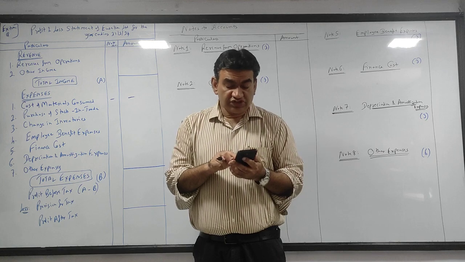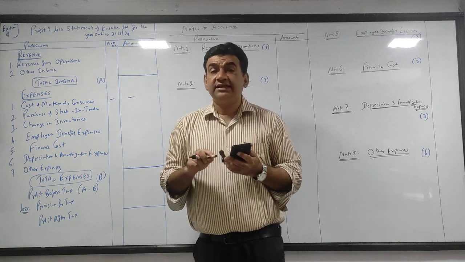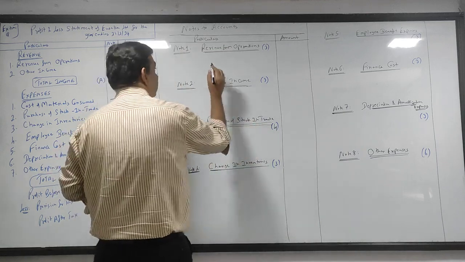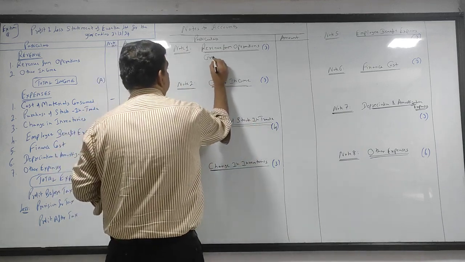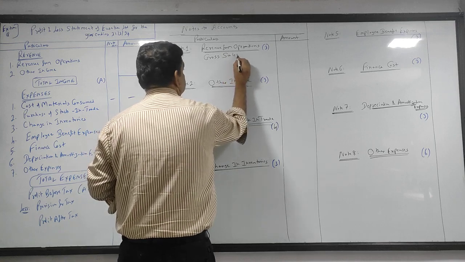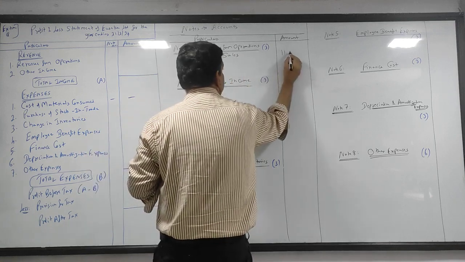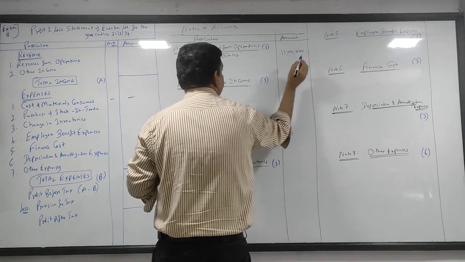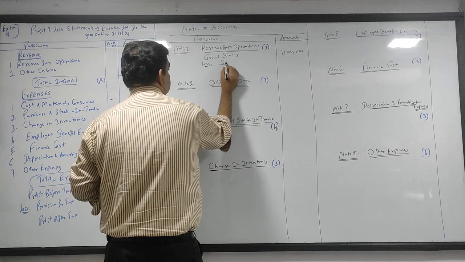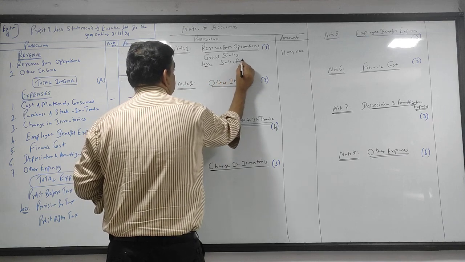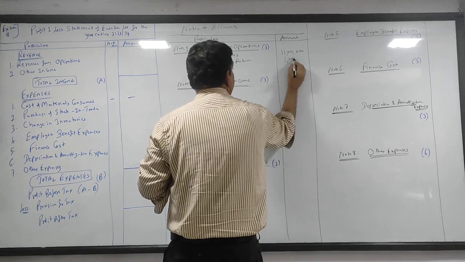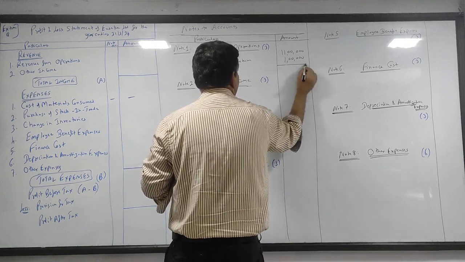First, gross sales 11 lakhs and there is sales return. As I told you, even if you don't put a mark, chalega. So, gross sales 11 lakh. From this, deduct sales return. कितना है sales return? 1 lakh.